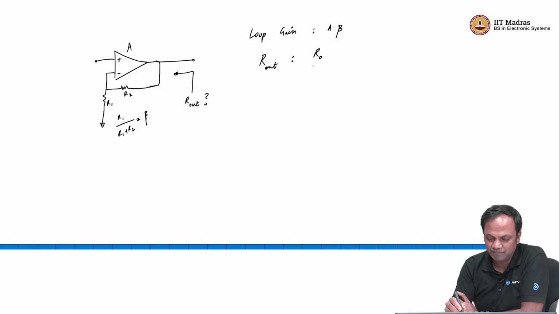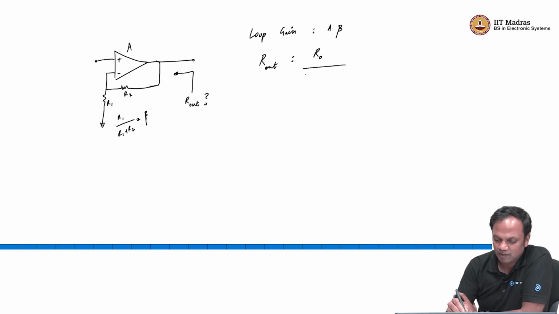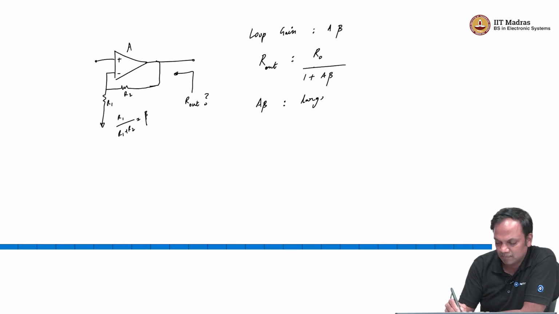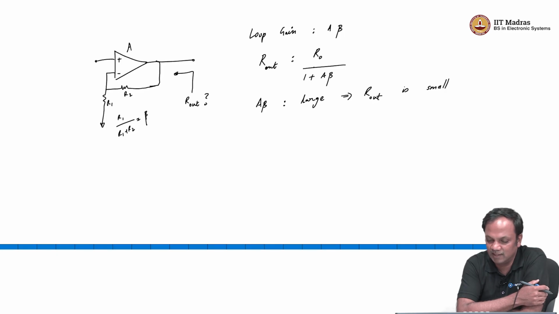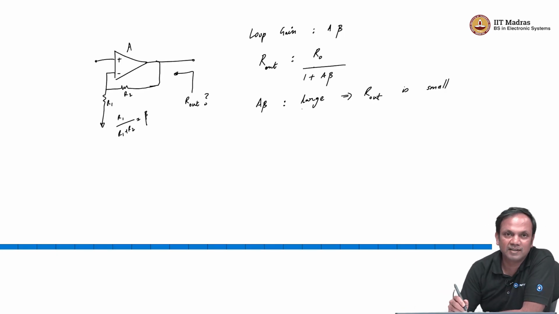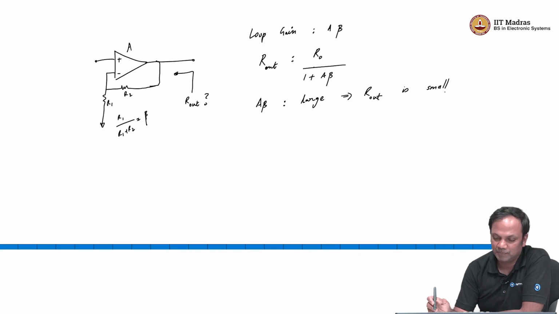So, R naught divided by 1 plus loop gain is the output impedance of this feedback system. Now, loop gain is large, so R out is small. This is the calculation we did: because the loop gain is large, the output impedance will be small, right.